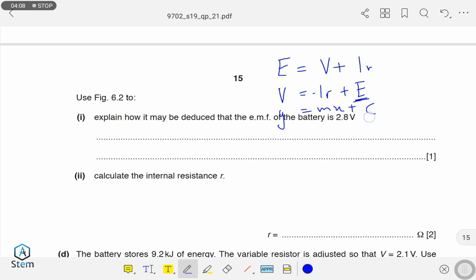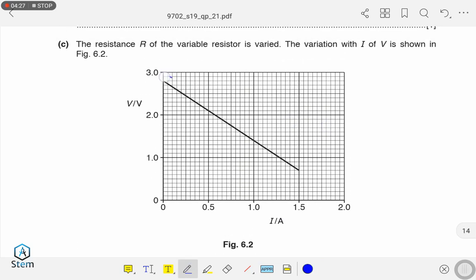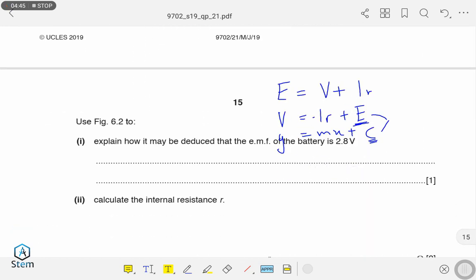This c, or the E, is actually the point where our graph crosses the y-axis. And if we go to our diagram, we can see that our graph is crossing the y-axis on 2.8 volts. So we can deduce that the value of E in this circuit is 2.8 volts according to that equation. All right.